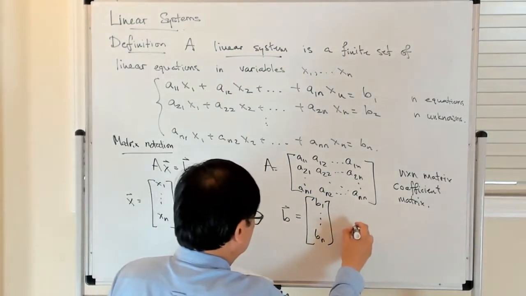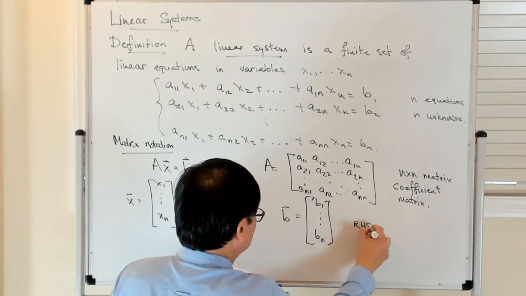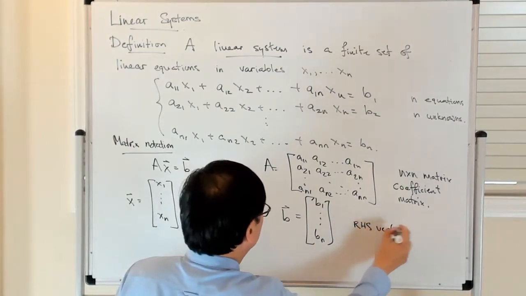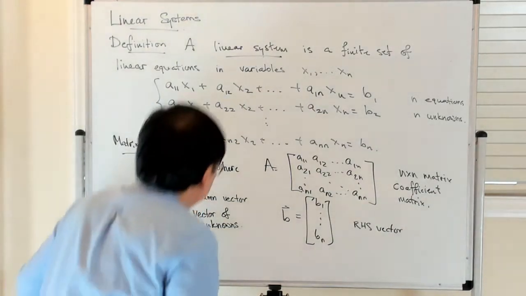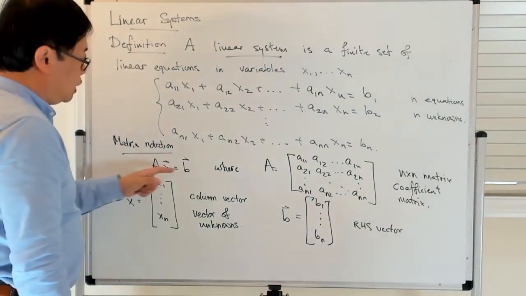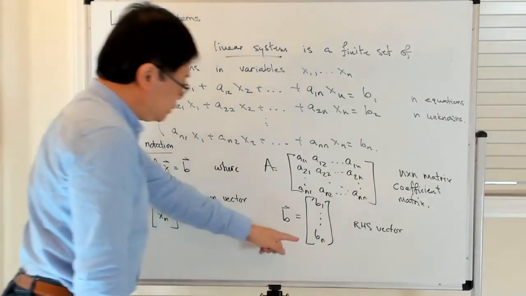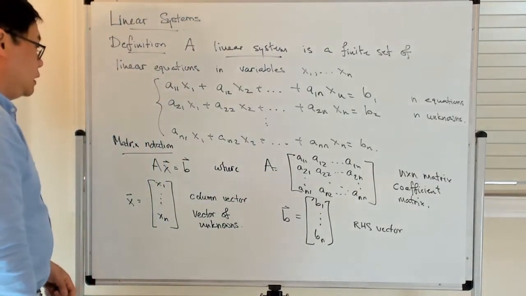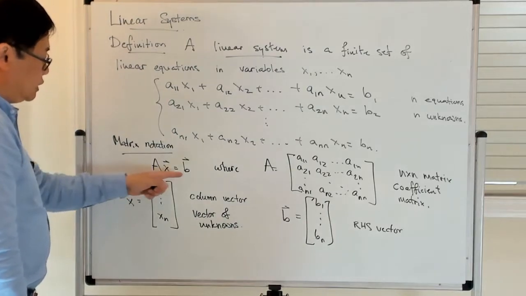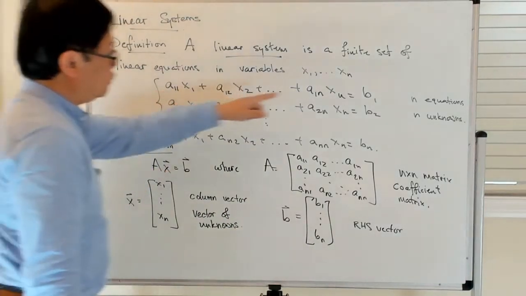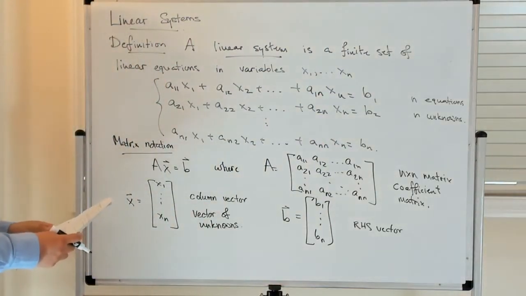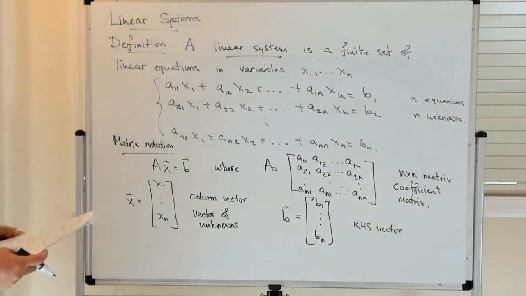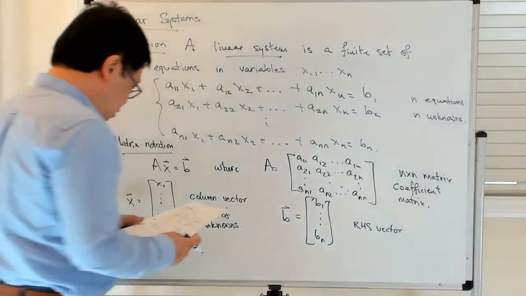This is just the right-hand side vector, if you will. And then it's easy to convince yourself that with this matrix and these vectors, the equation Ax equals b is always equivalent to this set of n linear equations.